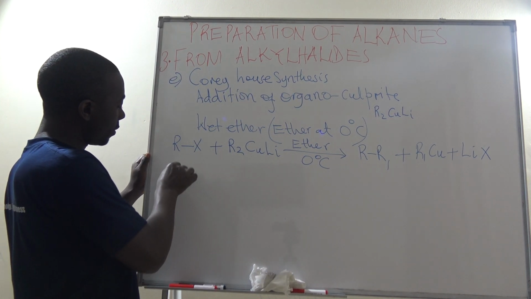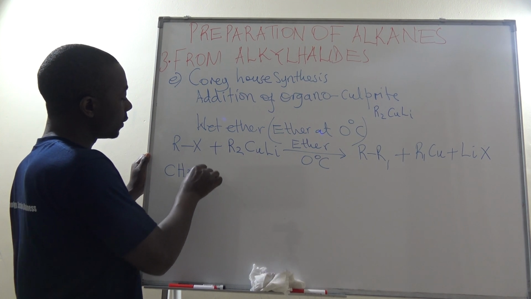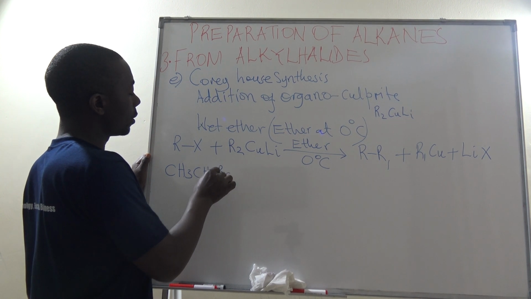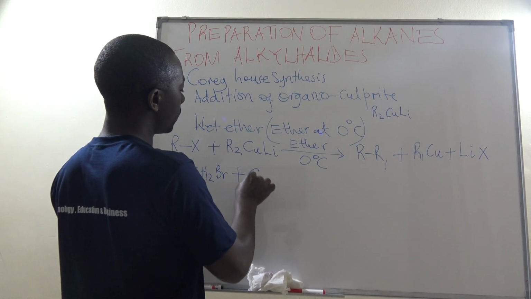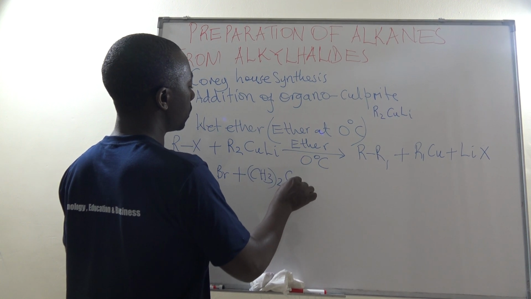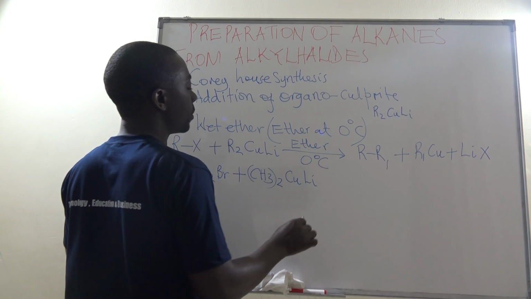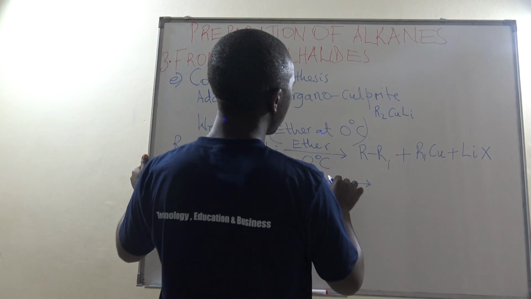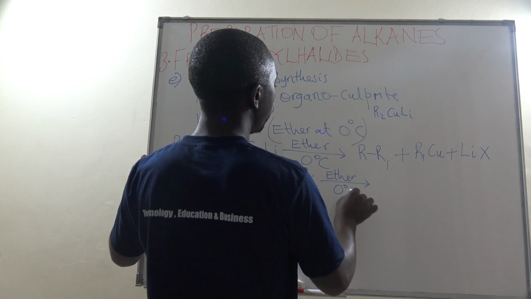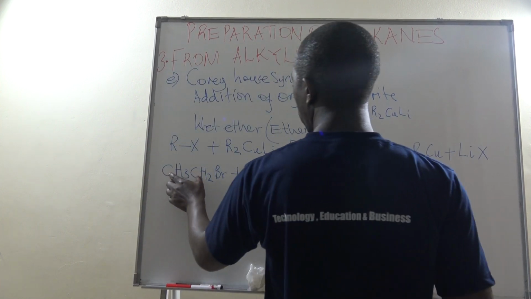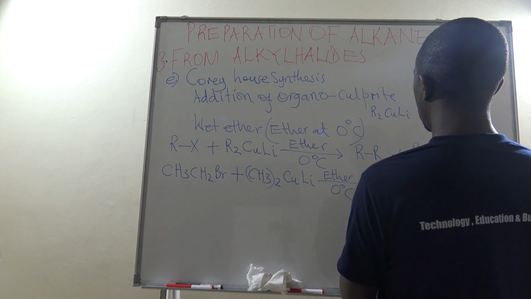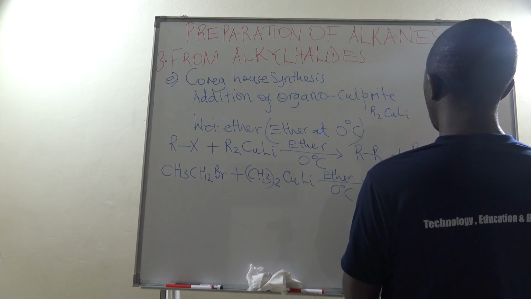Take an example. If we have CH3CH2Br plus (CH3)2CuLi, in the presence of ether at 0 degrees Celsius, we shall first have these two carbon atoms, CH3CH2.